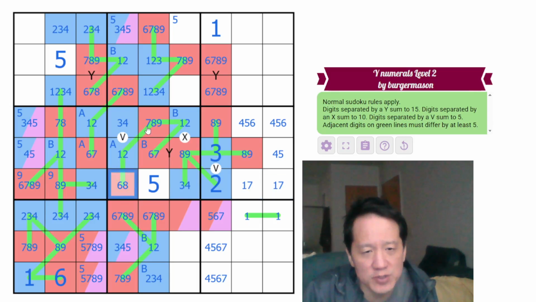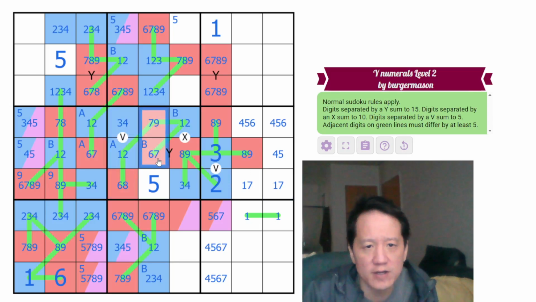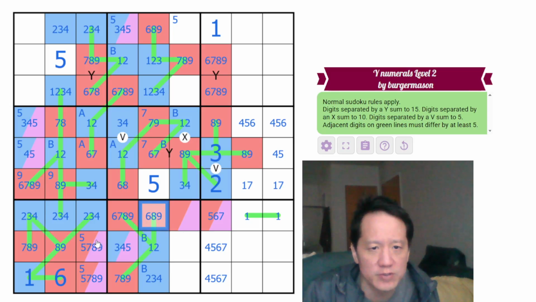And since this can't be 7, this can't be 8 because, again, these two must add up to 15. Therefore, where is the 7 in box 5? It has to be one of these two cells, which eliminates 7 from the rest of the column. This can't be 7 and this can't be 7. This can't be 7.